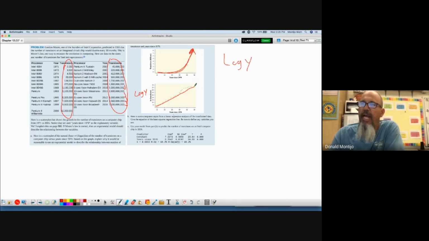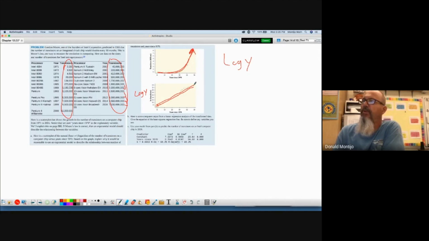So here is a scatter plot of that. Based on the graph, explain why it'd be reasonable to use an exponential model. Well, because the inverse operation of raising something to a power would be taking its log. So this scatter plot appears to be roughly linear.